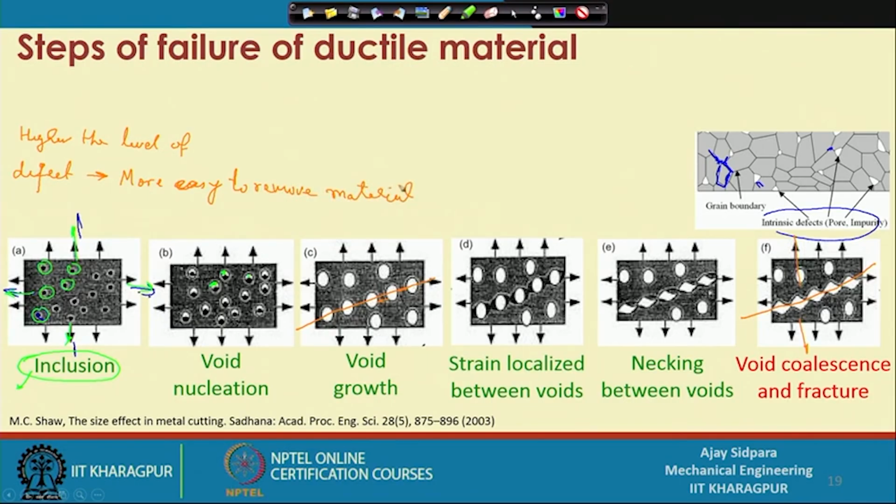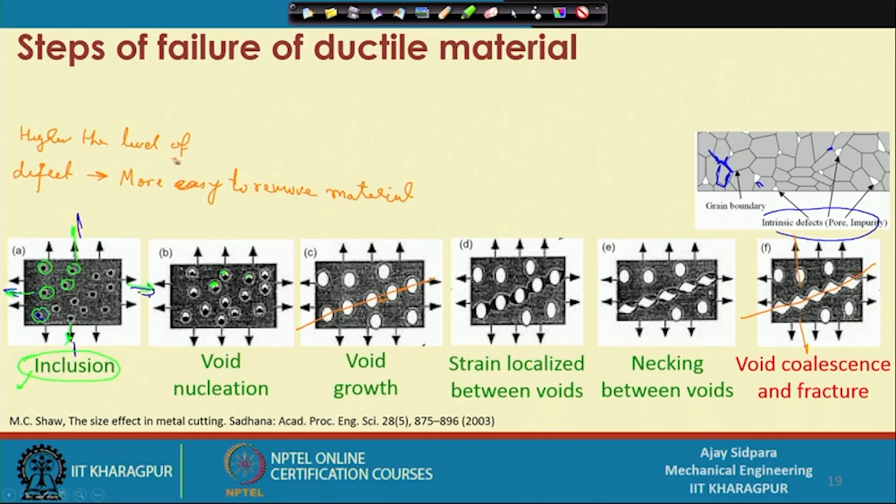But that does not mean you have to select a material with higher defects. Our objective is to reduce the level of defects even at the initial stage. Material has some defects, but that does not mean it should have higher defects. Our objective is to find out at which defect level the material is acceptable for the final application, and how many defects there are that will nucleate the deformation or fracture, or the failure of the material.